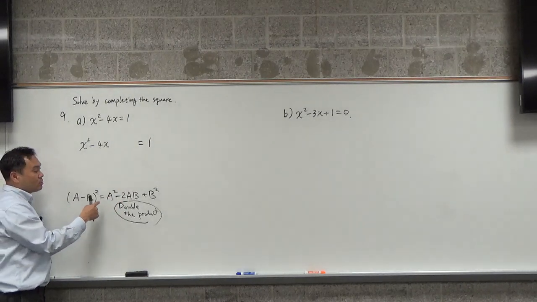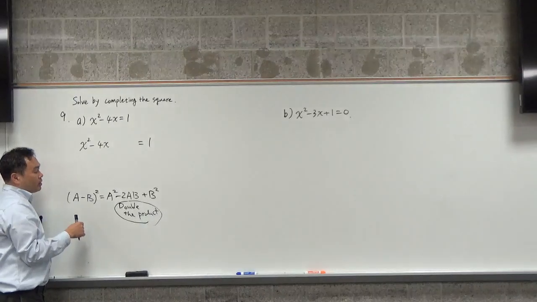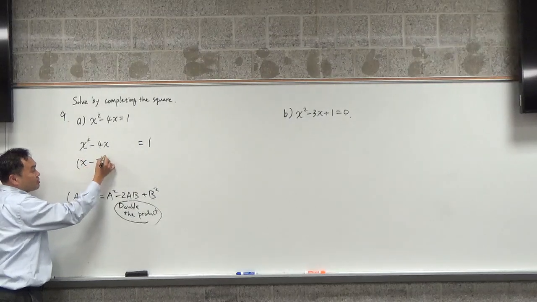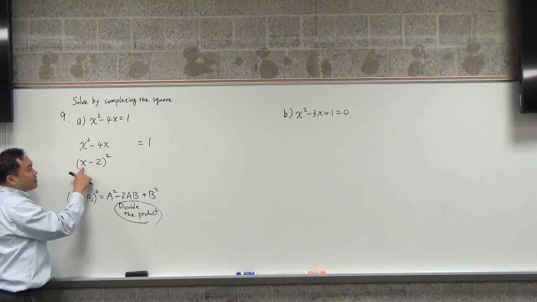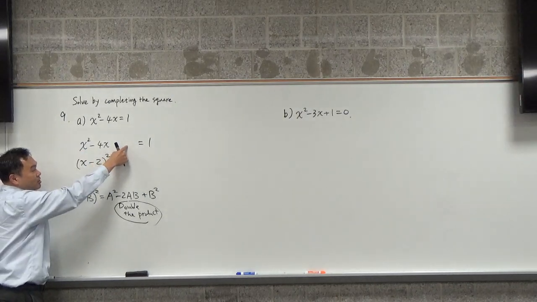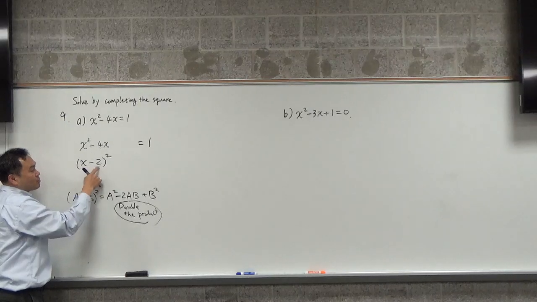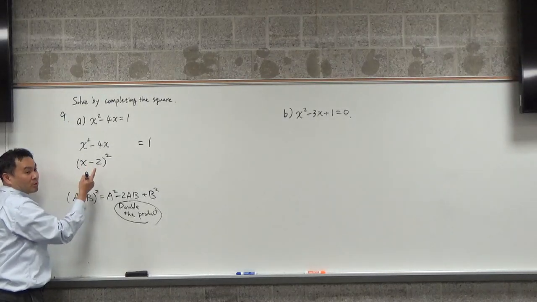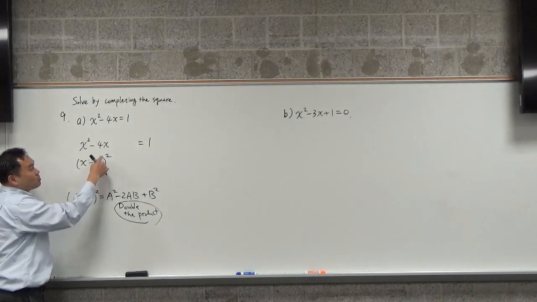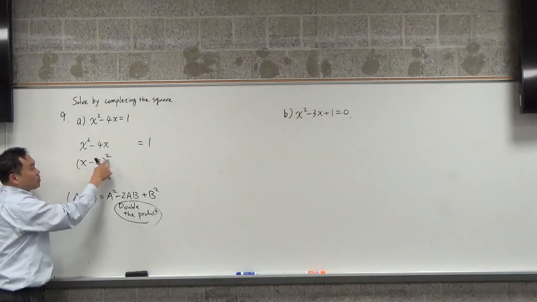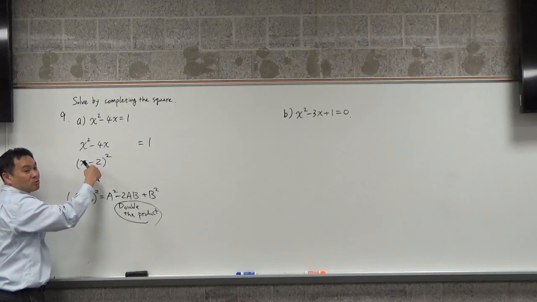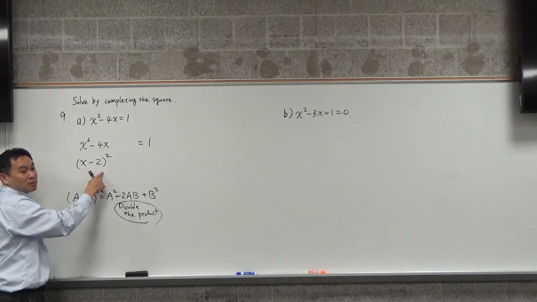So if I have x minus 2 squared, then definitely x squared will happen here, and negative 2 squared will give you something here, but when you double the product of these two, 2 times x, and you double it, it's 4x, right? So this is going to produce this in the middle, and x squared will produce this one. So we know that if it does get completed to a square, it must be x minus 2 squared.